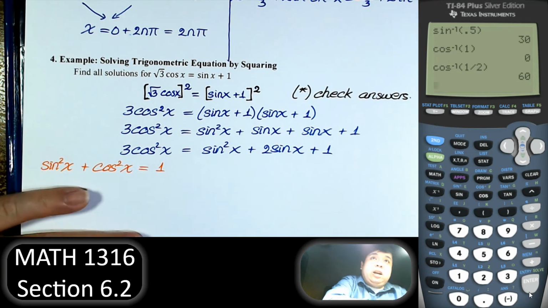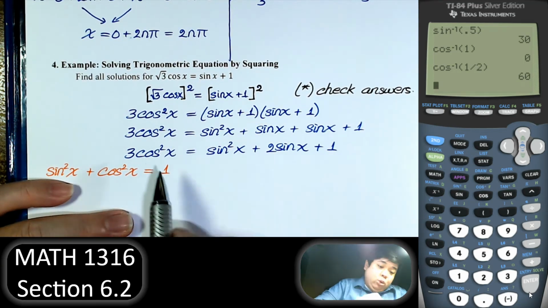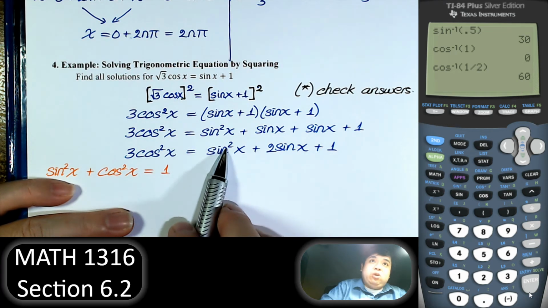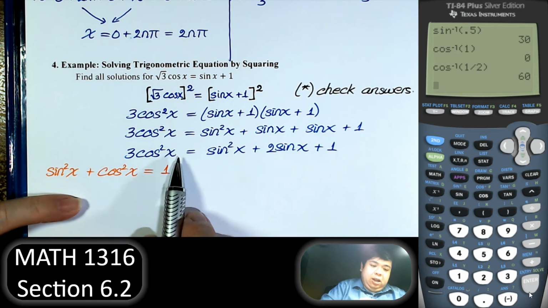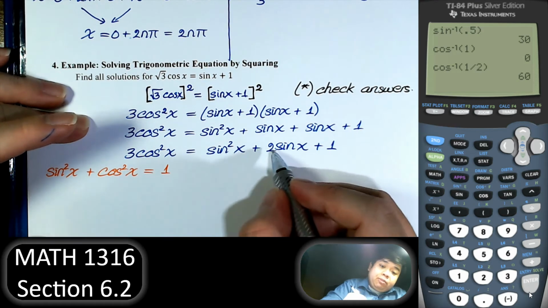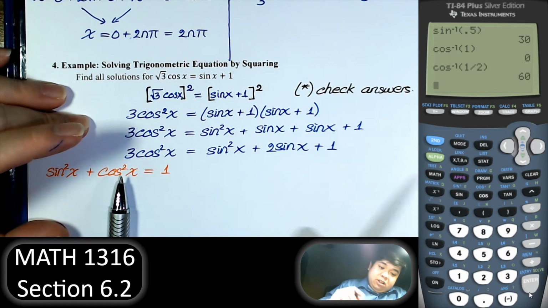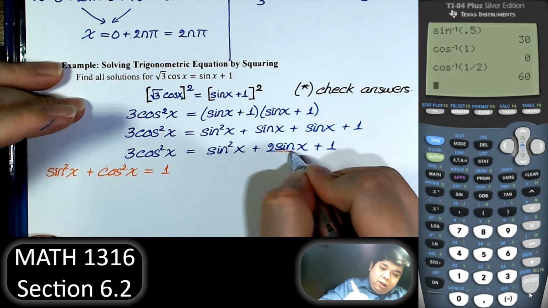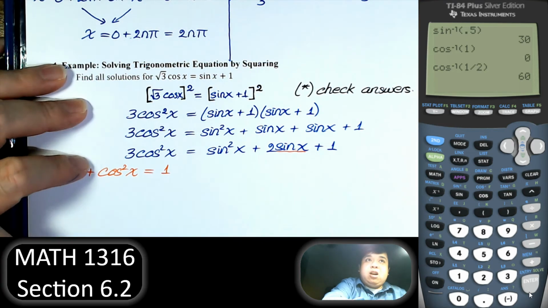The problem here is, which one do we use? Do we substitute for cosine squared or for sine squared? Of course, we have both, so we can use either one of them. However, because here we have the sine, we want everything in terms of sine.